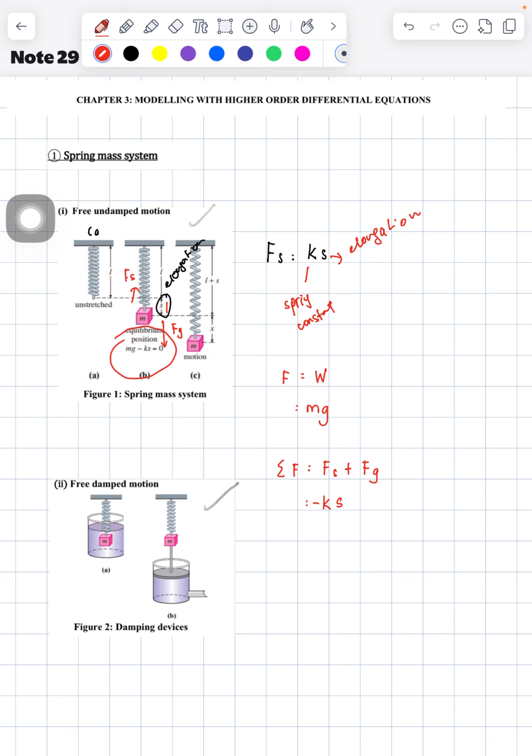Fg acts downward, so Fg is mg, so plus mg. At the equilibrium position, mg minus ks equals 0. So mg equals ks.